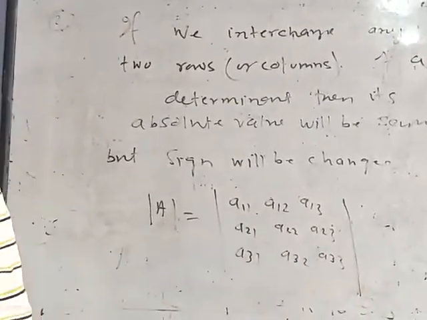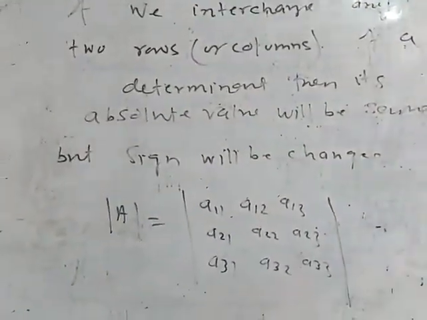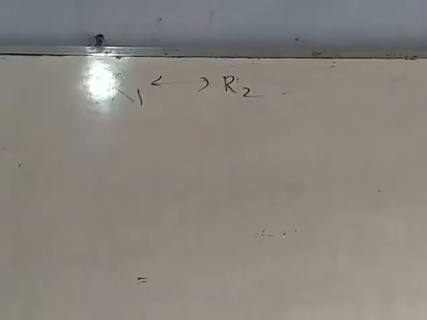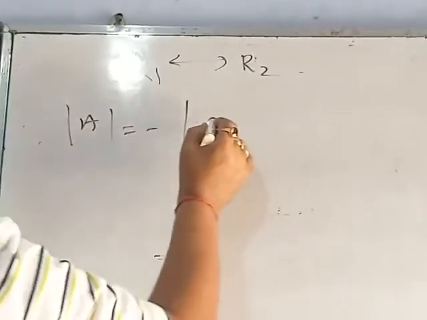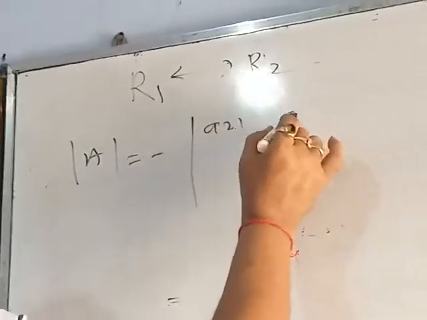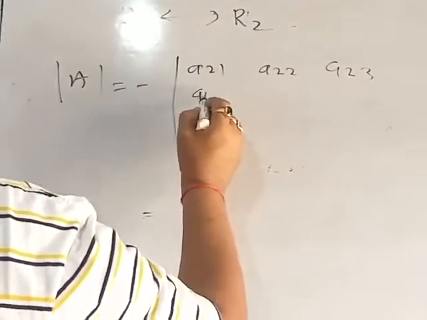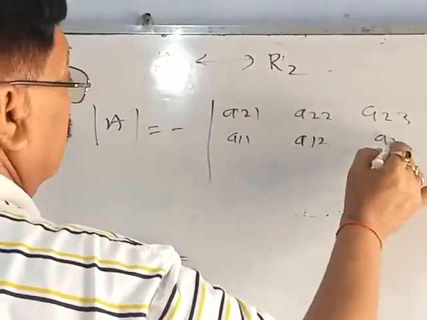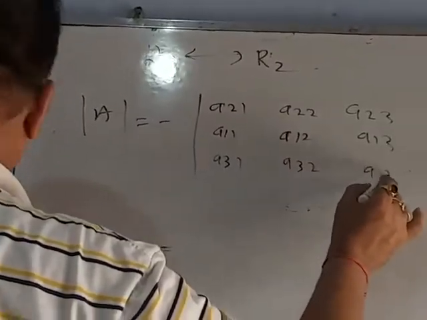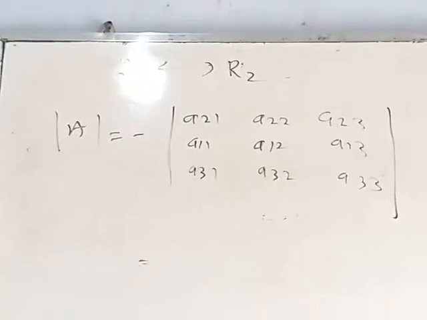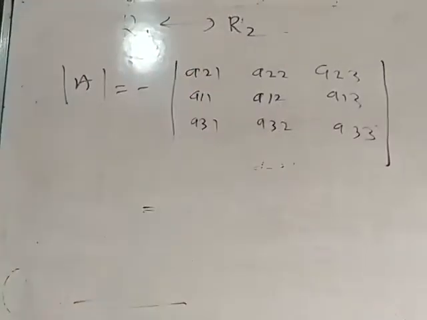If we interchange R1 and R2, the determinant becomes minus A21, A22, A23, A11, A12, A13, A31, A32, A33. One negative sign will come before the determinant if we change any two rows or columns.